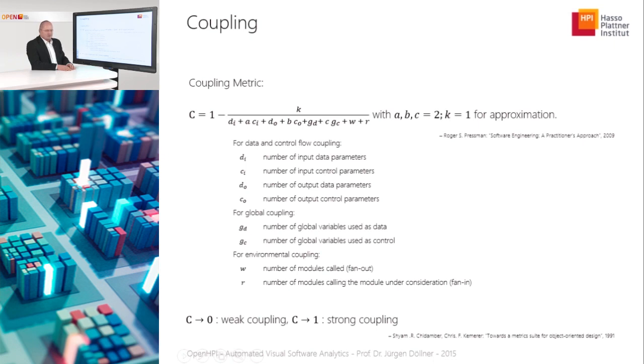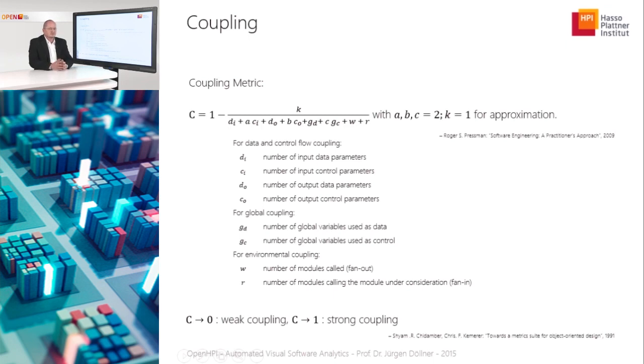A common characteristic of coupling metrics is that they sometimes work with certain empirically determined values. For example, a, b, c are weights. If we look at the coefficients here, a, b, and c, there's more weight given to control parameters, and k is defined to be 1.